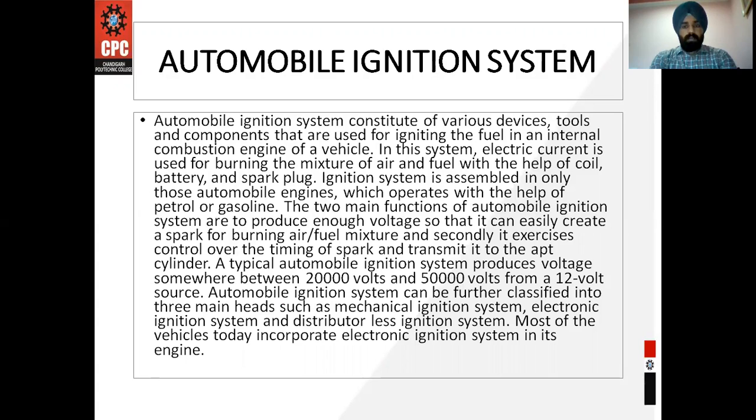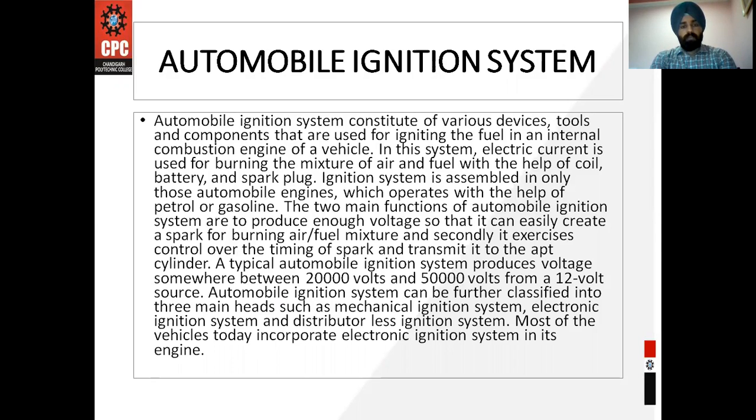In this system, electrical current is used for burning the mixture of air and fuel with the help of coil and spark plug. Ignition system is assembled in only those automobile engines which operate with the help of petrol or gasoline.